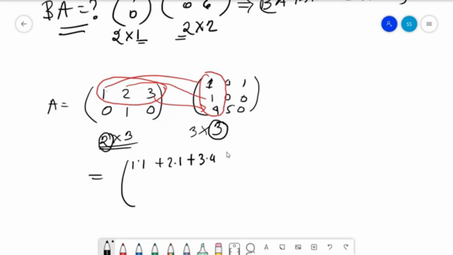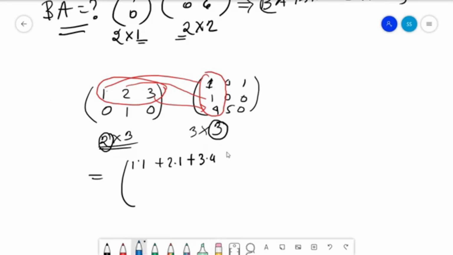Well, you have to look at how many columns there are. I have 3 columns over here, so I have to work with it 3 times. The first time I use the first column. The second time I'll be using this first row and the second column.